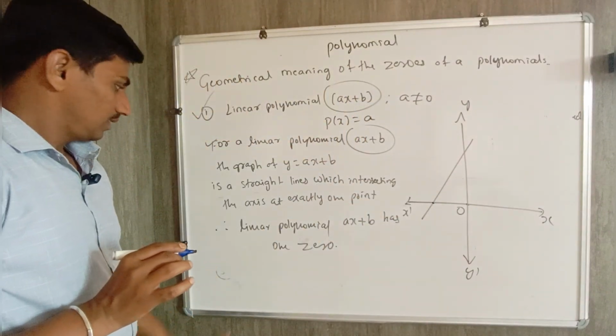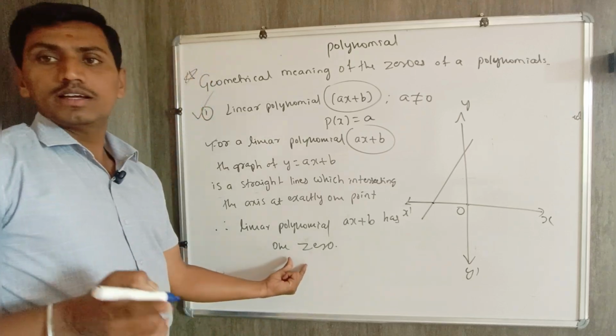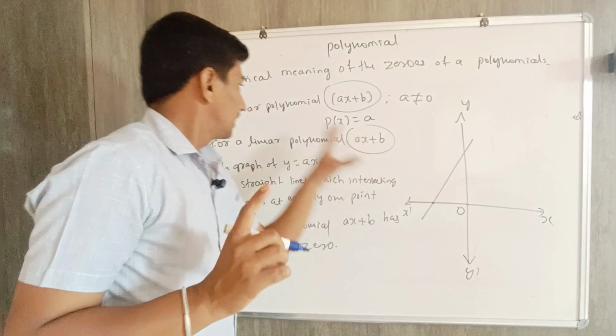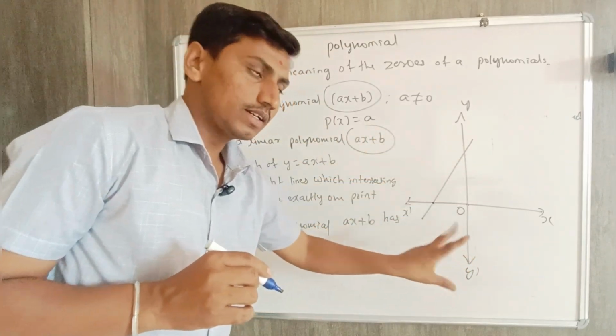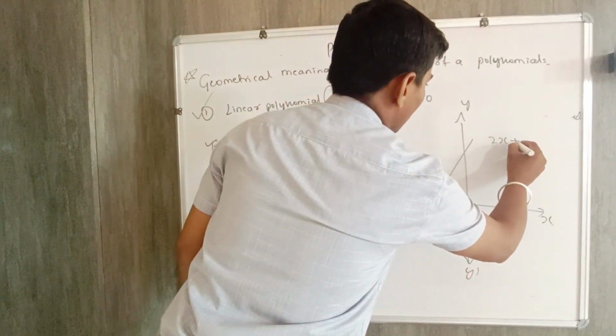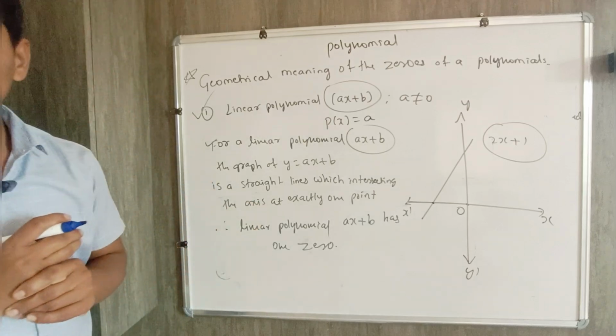Therefore, the linear polynomial ax plus b has only how many zeros? Only one zero. In a linear polynomial, how many zeros? One zero. See, for example, 2x plus 1. Here how many zeros? What is the highest degree here?